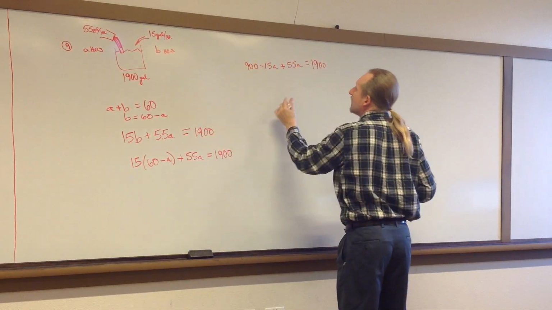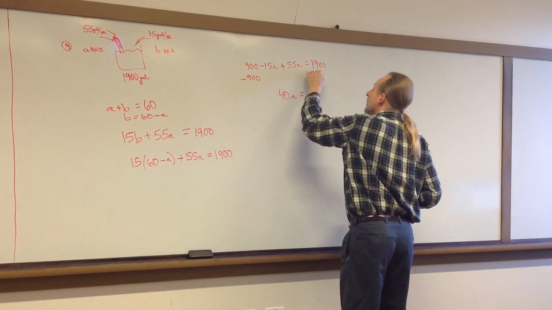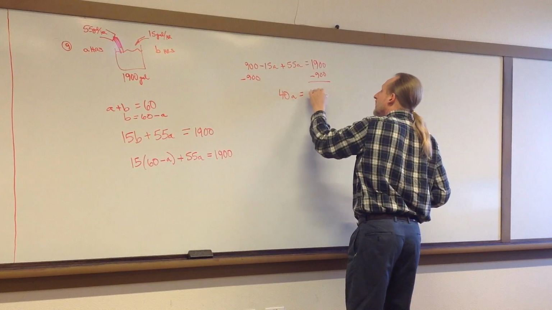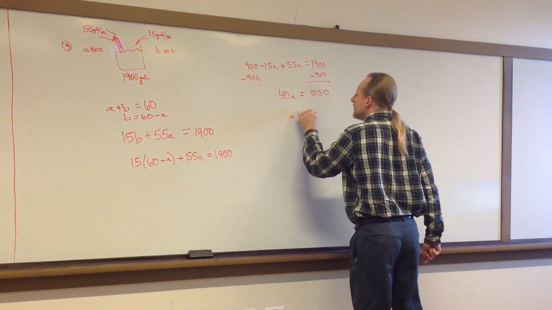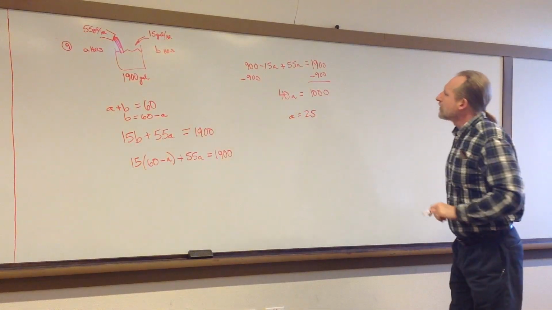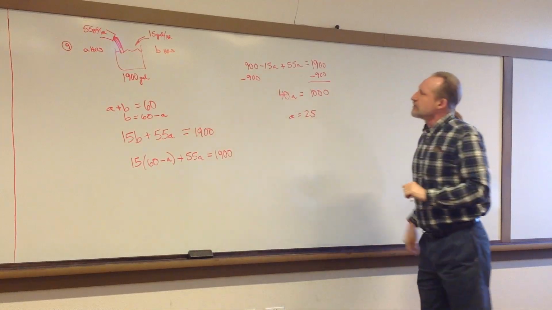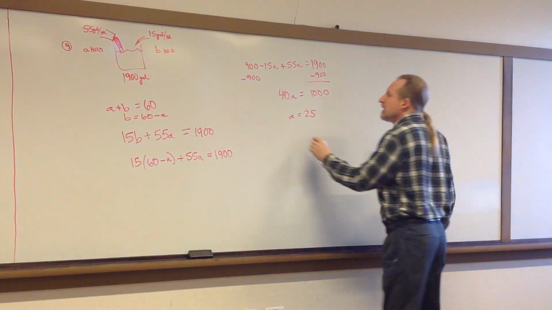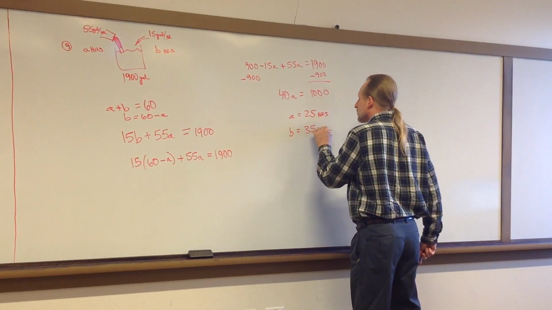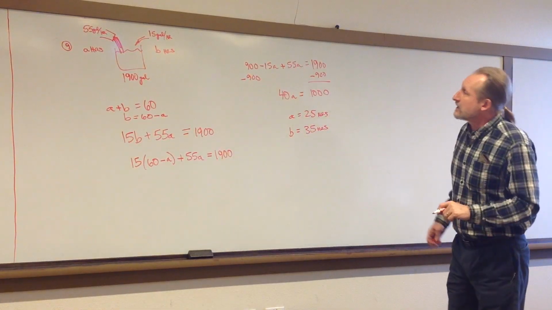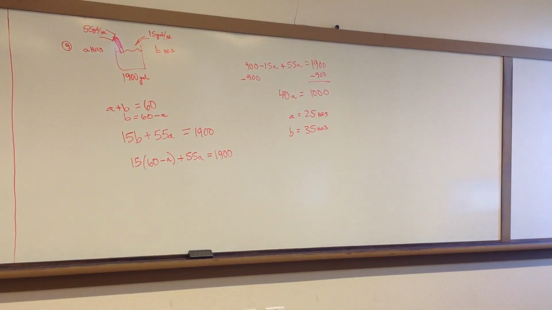So 55A minus 15A should be 40A. Subtract the 900 over here, and that'll give us 1,000. It looks like A is going to be 25, right? If I do this without a calculator, yeah, that should be 25, which means B is going to be 35 hours. And together, that makes 60 hours. Okay, so that's problem 9.